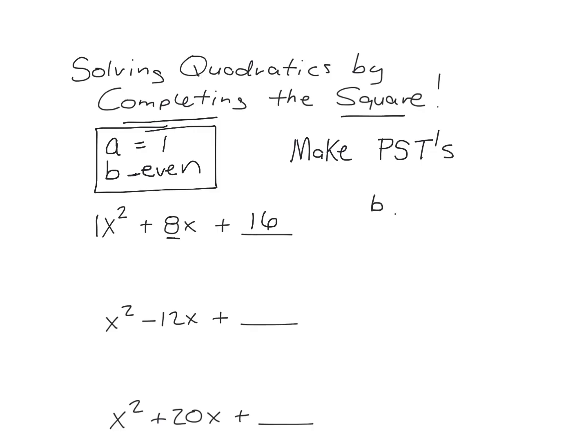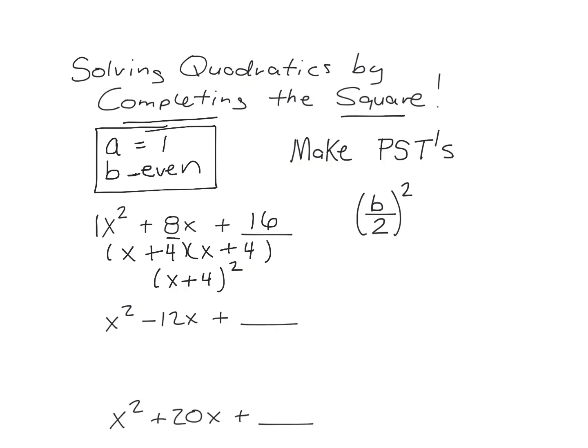So by making these PSTs, or perfect square trinomials, half of b squared will be the c value. And then you can see that if we factor this, we'd have x and x, 4 and 4, and both signs would be positive. Since I have x plus 4 times x plus 4, I could write this as x plus 4 squared.